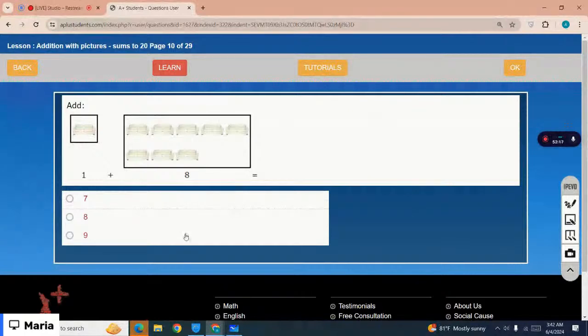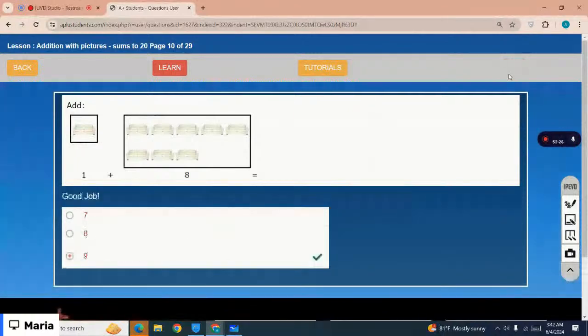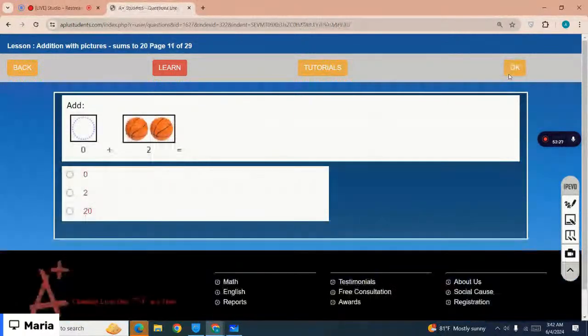The correct option is 9. 2 plus 0, which is the correct option?